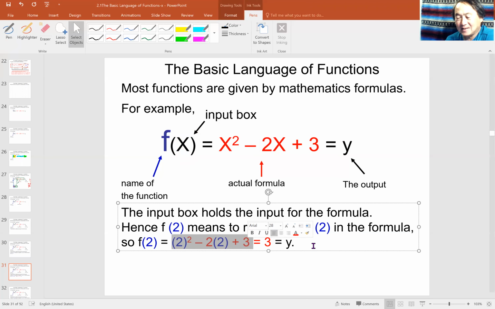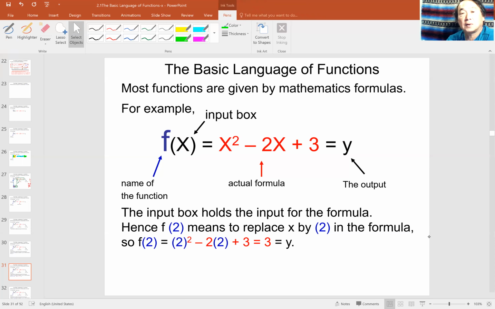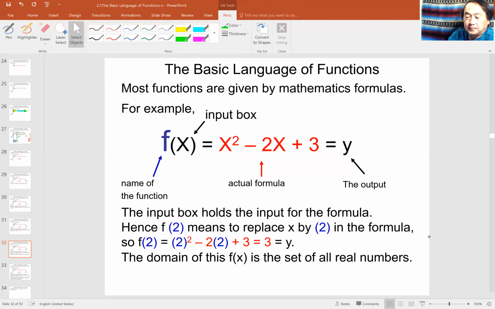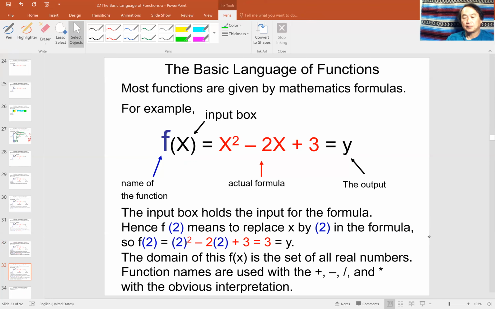In this case, it comes out to be 3. Then the output for 2 is 3. In this case, I can put in any number. So the domain of this formula f is all real numbers. I can plug in any real number, it will compute and give me the answer.